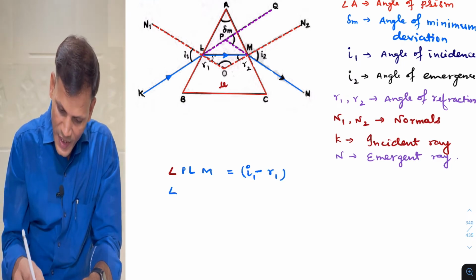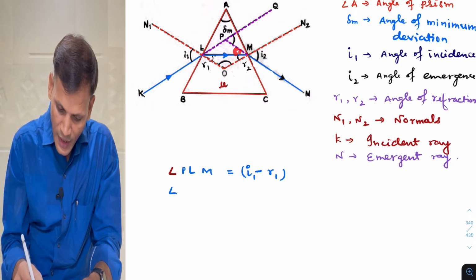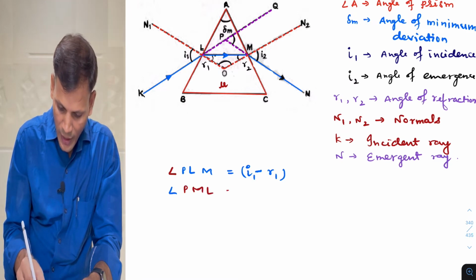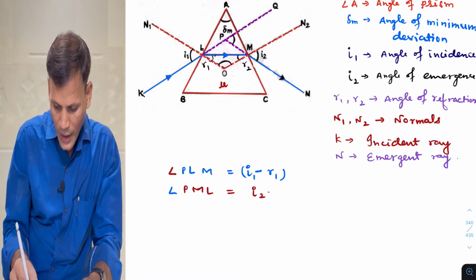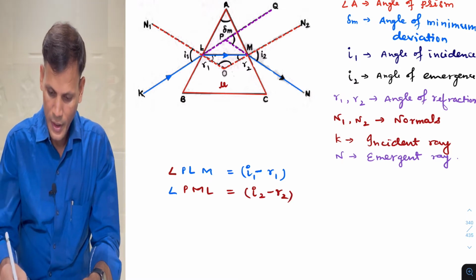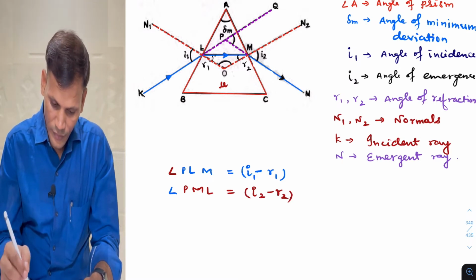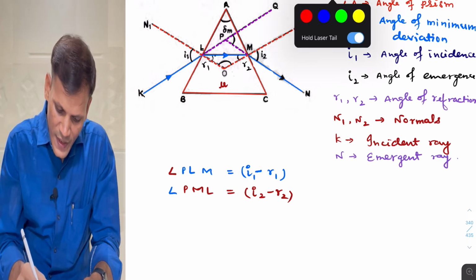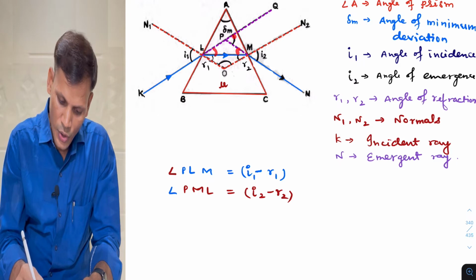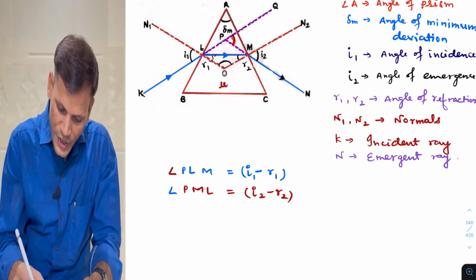Same way, this angle PML will be I2 minus R2, right? Further, in this part we can say this angle is known now and this angle is known now. So this is the exterior angle.